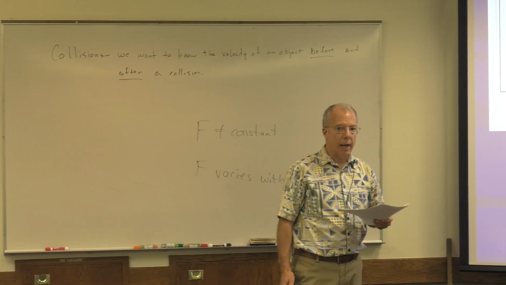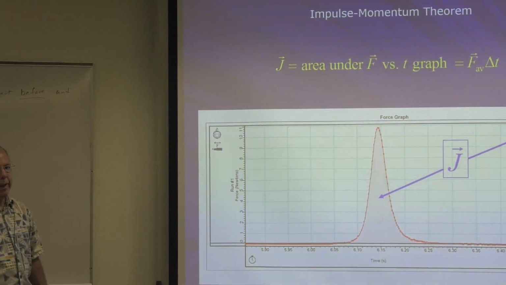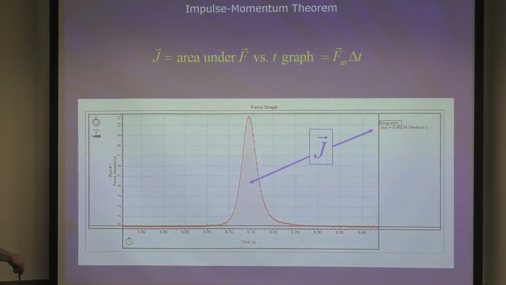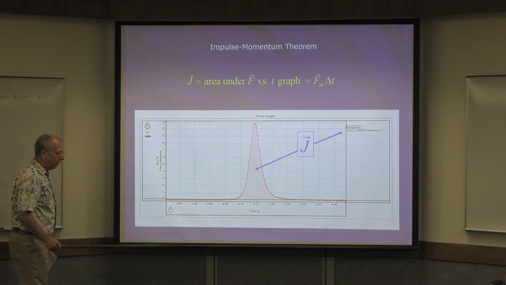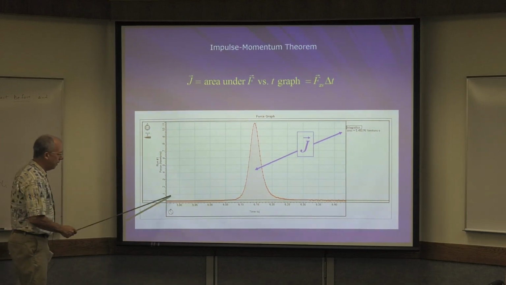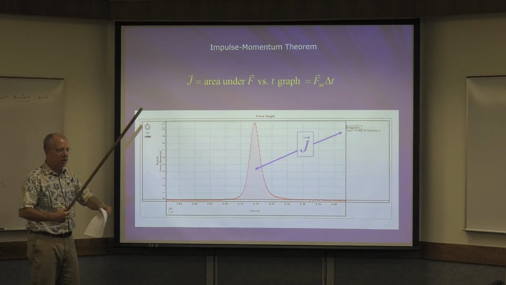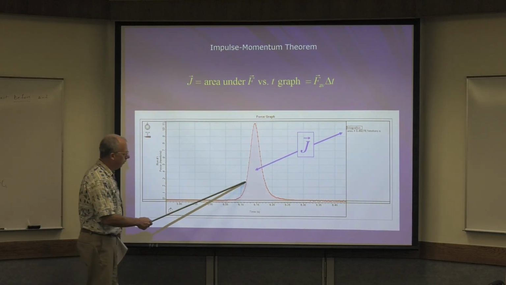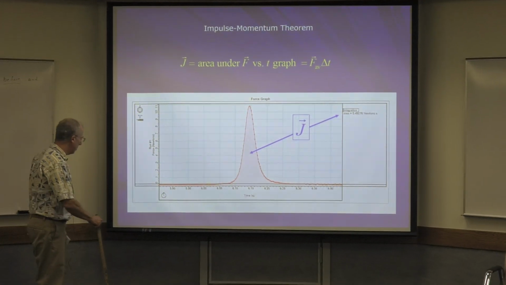So we're going to use something else, which is called the impulse momentum theorem. What is that all about? Here's a graph similar to the one I just showed you, force versus time. This is some kind of interaction, some kind of collision, and you can see that the force is 0, and then the force increases, decreases, goes back to 0, like the one I just showed you.